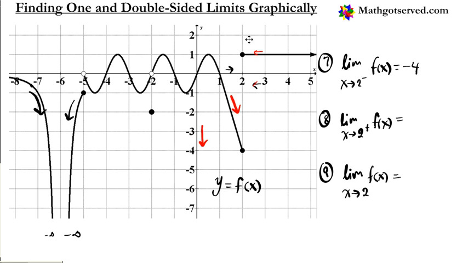So it is neither going up nor down. It stays at the same constant y value regardless of where x is going. So as x gets really, really close to 2, y stays fixed at 1. Alright, so your right-handed limit of the function is 1. Now since the left-handed limit and the right-handed limit are different, the double-sided limit does not exist.